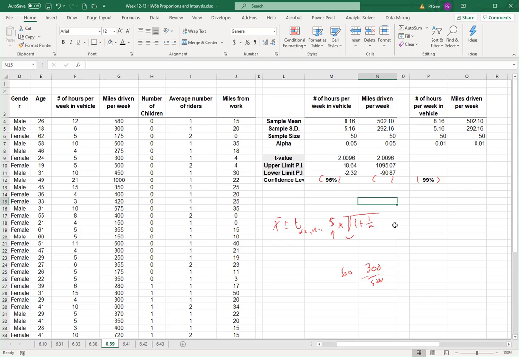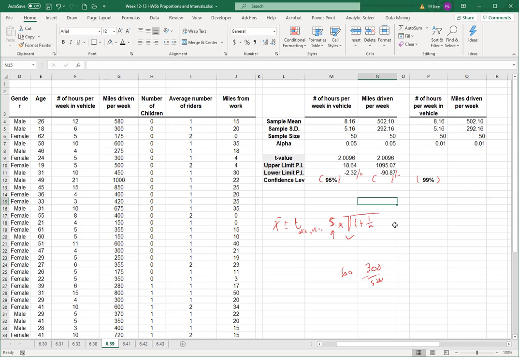All right. So we have to think about that. Because we're taking t times the standard deviation here, and we get this fantastically large number. It's almost 1100. 1100 is the upper limit, and our sample mean is 500. And yeah, we ended up with another negative number down here. So you have to consider that these are really zero. Okay, there is a lower limit on this, but we're not going to touch that right now.